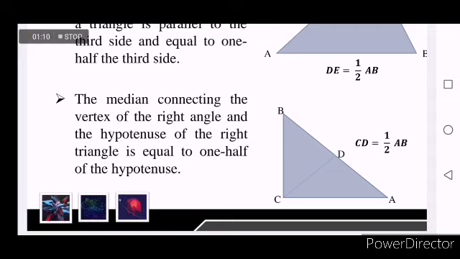Therefore, opposite angle C is the hypotenuse, which is AB. Now, if we connect a line from point C to the midpoint of AB, which is D, then CD is one half of AB. It means that if CD is 5, then AB is 10.